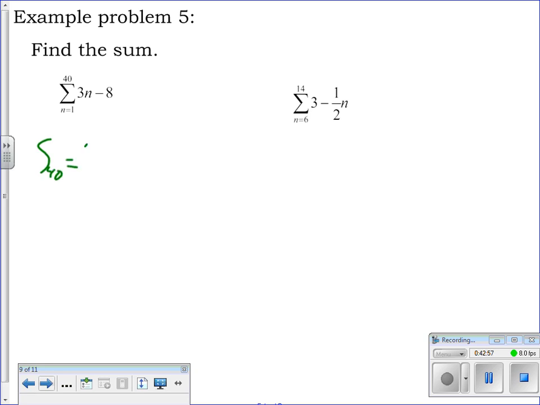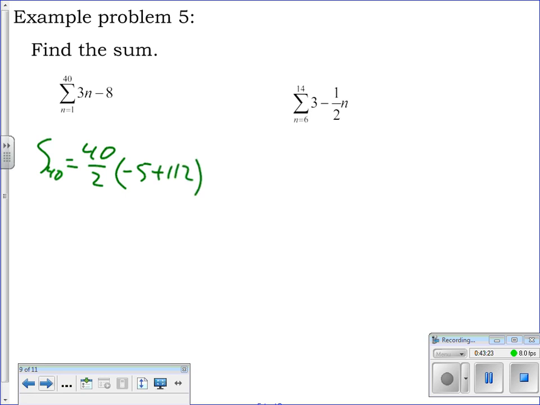And that would give me 40 divided by 2 times, find the first term, plug in 1 for n. 3 times 1 is 3. 3 minus 8 is -5. Find the last term. Plug in 40 for n. 3 times 40 is 120. 120 minus 8 is 112.